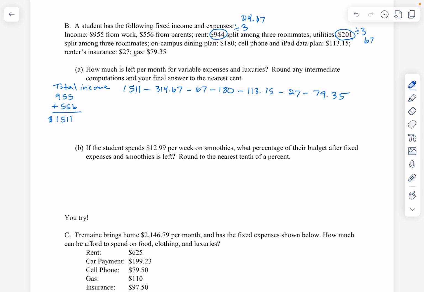When you do that with your calculator, what's left is $729.83.